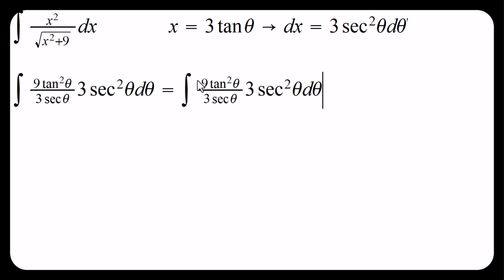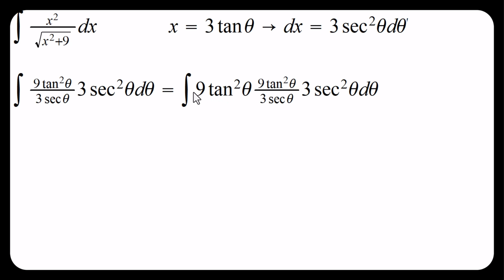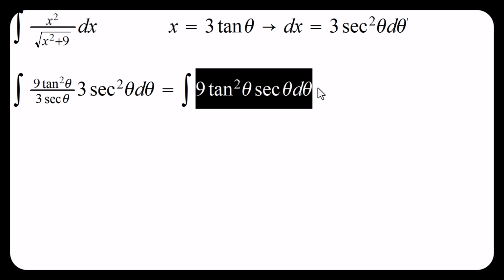And so what we will have is simply 9 tangent square theta, and remember 3 is cancelled, and the power on secant theta reduced to 1. Okay, and now we have to evaluate this integral.